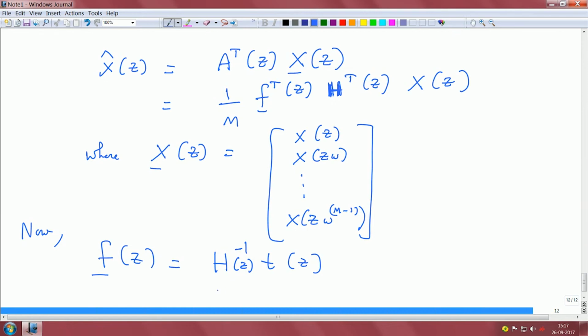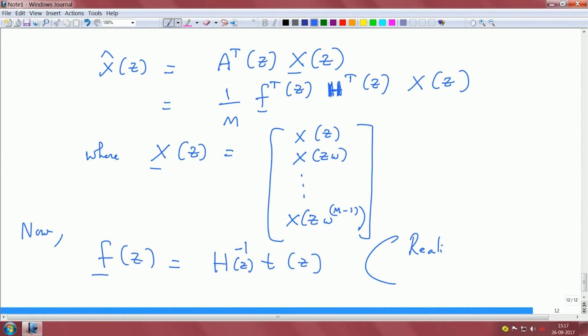Okay. Now, this is realizable. So, at one shot we are getting all the synthesis filters. This is in vector form F naught, F1, F2, so on till Fm minus 1, we get all the synthesis filters at one shot. So, that is the reason why we have adopted the matrix form of representation.